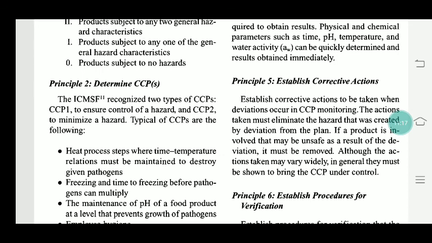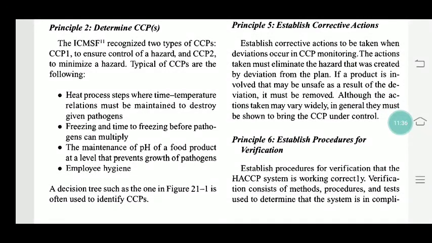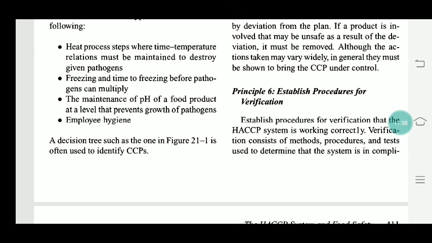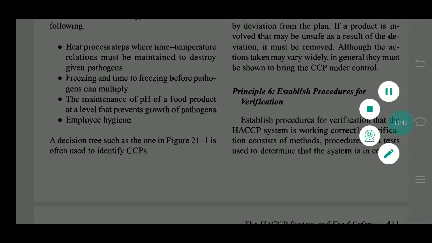For that, we are going to take some actions for the removal of the hazard, and plan to remove the hazard on the basis of CCP monitoring.